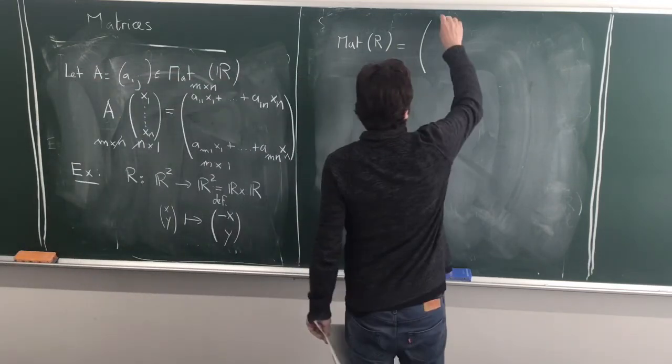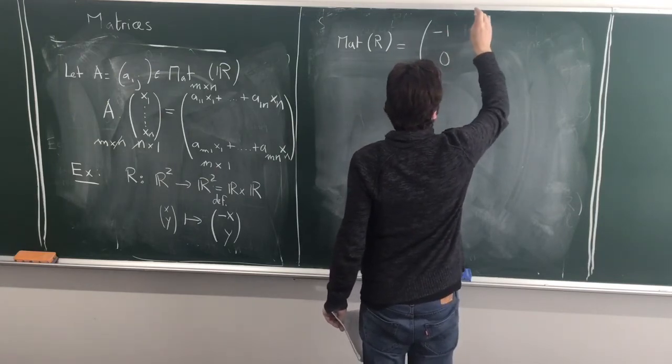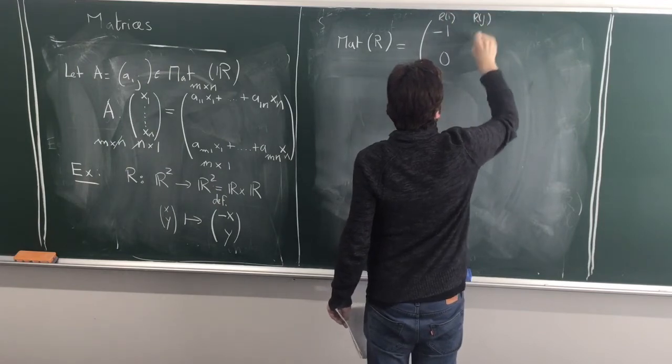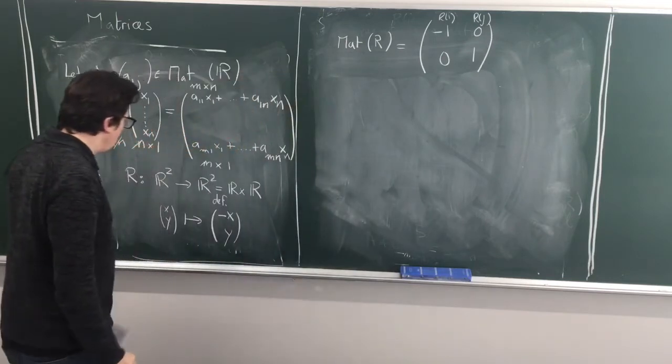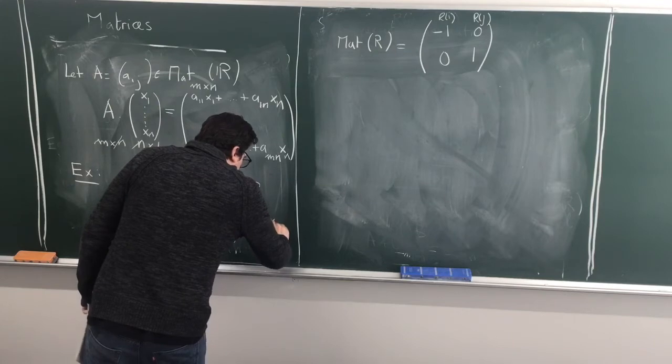So the first column was R of i, which was -1, 0, and the second one was R of j, which was 0, 1. Okay, so you understand that this is actually related to R of x, y, right?